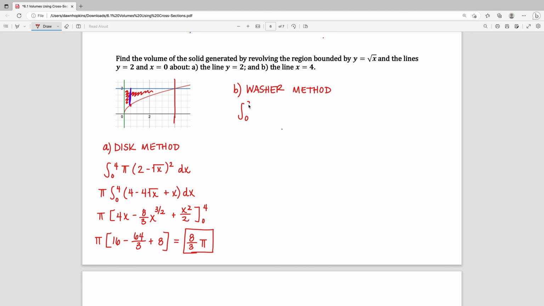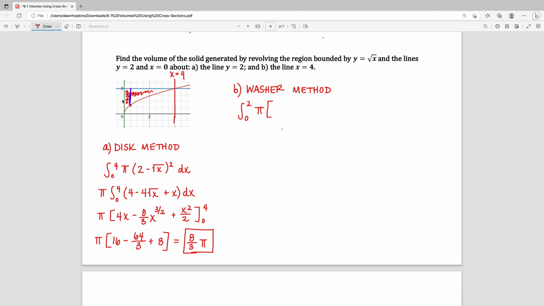Because I am integrating with respect to y, my interval goes from 0 to 2. And with the washer method, I'm going to look at the outer radius and square it minus the inner radius squared. The outer radius is just the distance from this left edge to the line x equals 4. Well, that's a fixed line, okay?